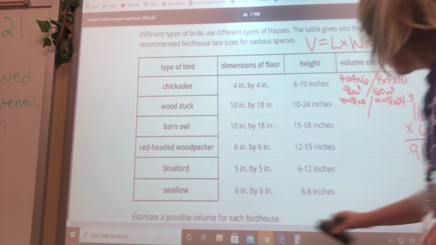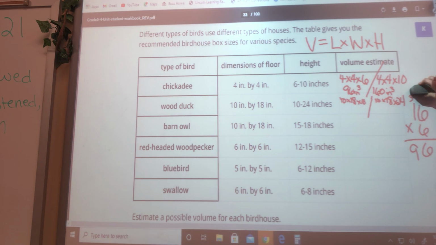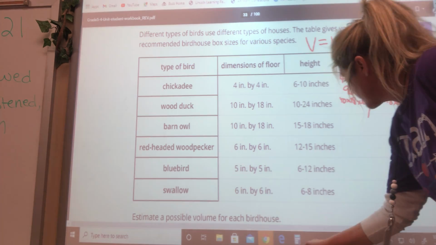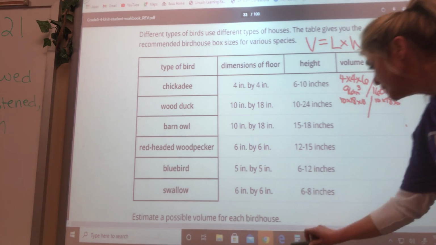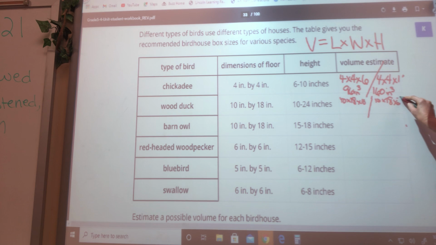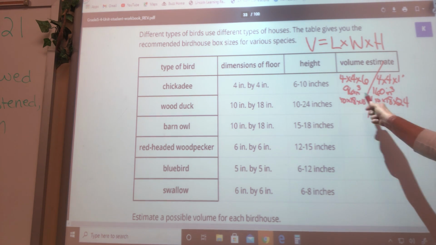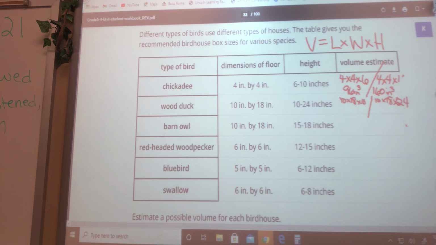Now, I know from quick math, let me put the 24 back up there, I know from quick math that I have 2 powers of 10 or multiples of 10, so I can just add up the whole number parts that I see, and then in my final product, see how many multiples of 10 I was working with.